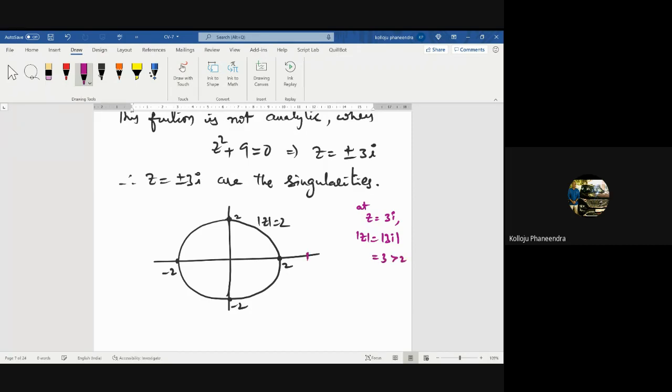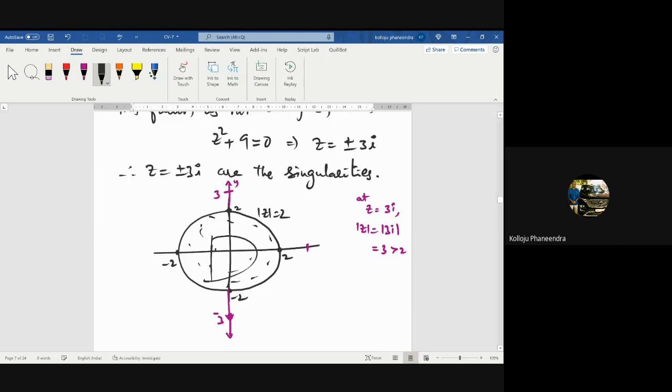The singularity is 3i, so on the imaginary axis I have to put this is 3 and this is negative 3. This is the y-axis. This is my domain, capital D.